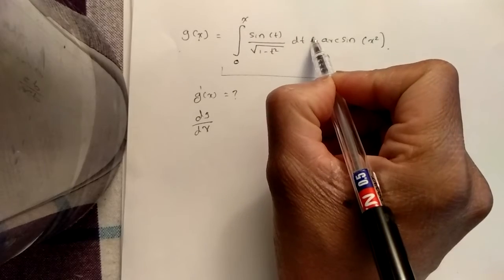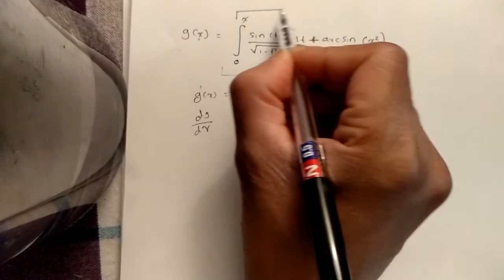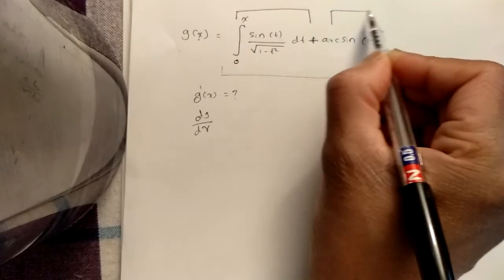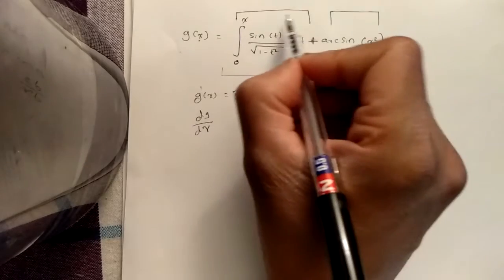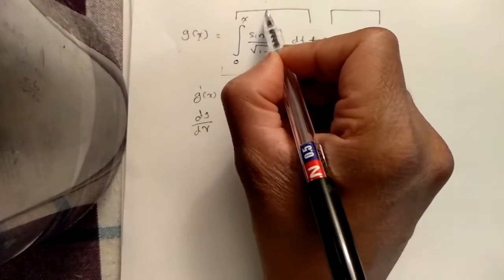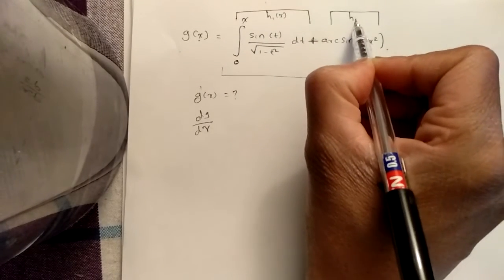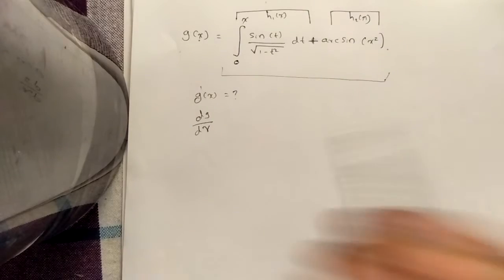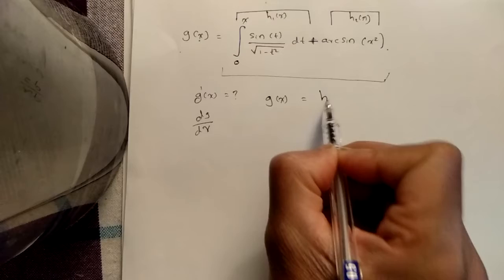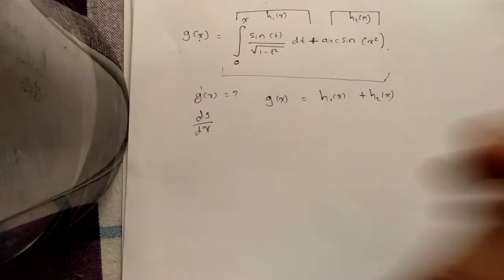Now since we have an addition in between the terms, we can consider this whole thing as an addition of two functions. If I name them as, let's say, h1(x) and h2(x), right? So as g(x), what we have is h1(x) plus h2(x), right?